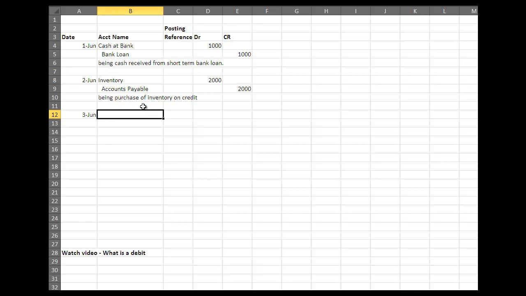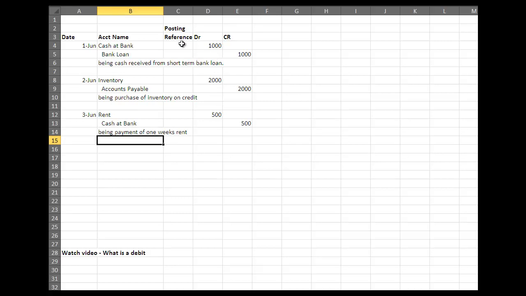So here we've paid rent expense. So the expense is rent, $500, and the credit is going to be, the bank's going to go down $500, so that'll be cash at bank, 500. Now, let's see, being payment of, let's say, 1 week's rent.